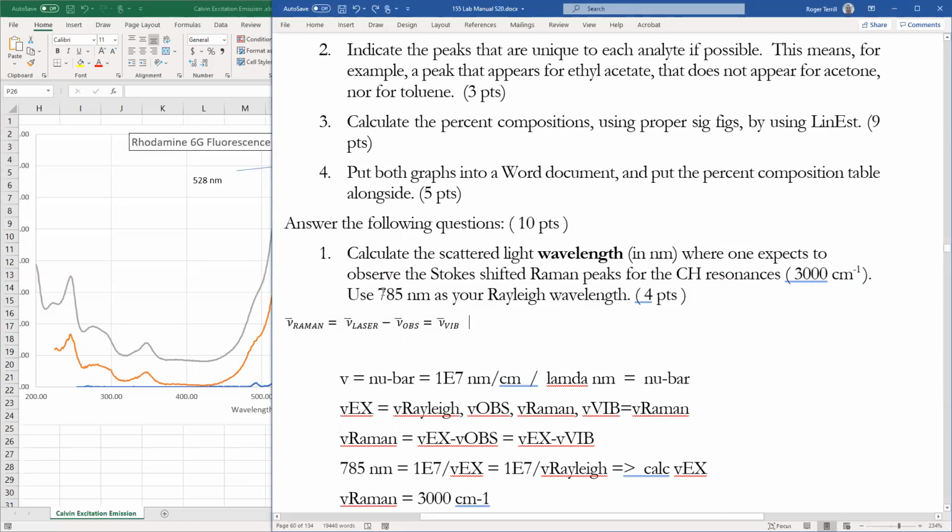Now, what I did in this was I mixed nanometers and wave numbers. Start out with 785 nanometers.